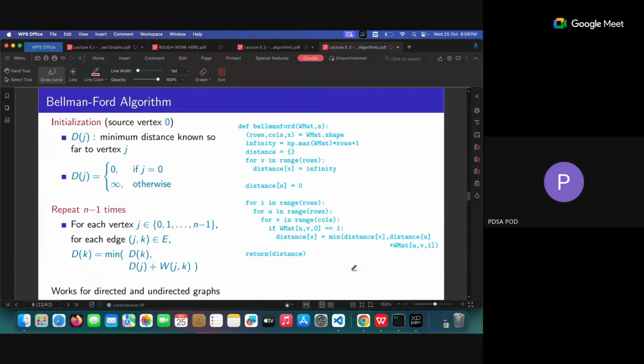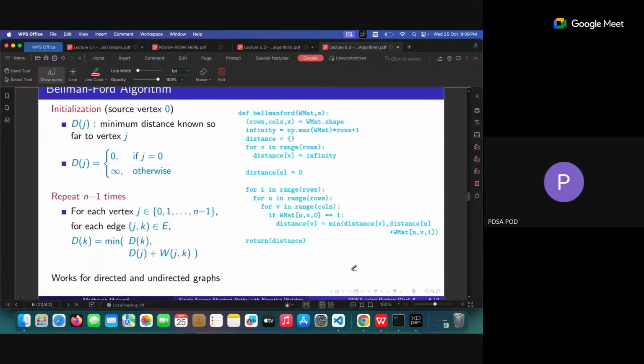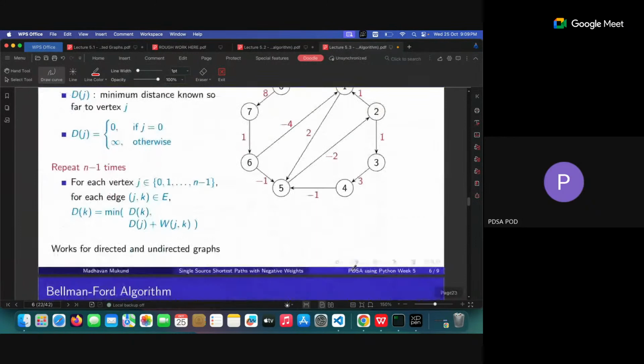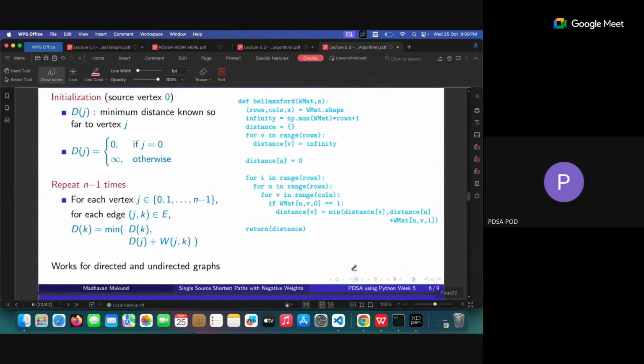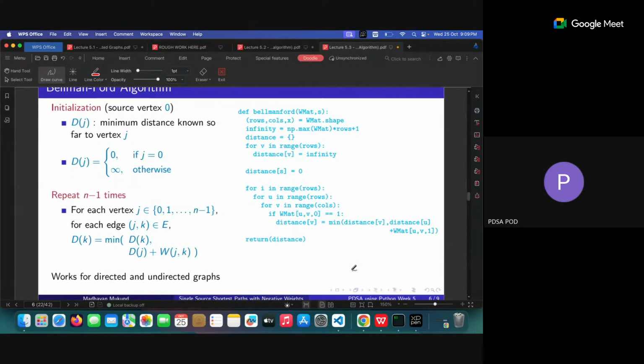Here it is the Bellman-Ford. Yes, this is a complete implementation. Initially, whatever single source you want to start from, that minimum distance is considered 0 for that vertex, and for all other vertices it is set to infinite.